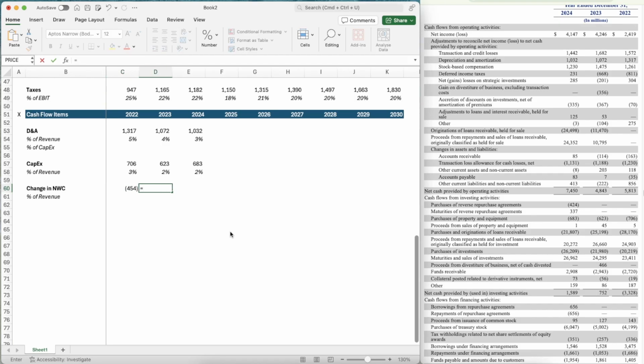Change in net working capital. Where are we? Yeah. Equals again sum, minus 114, minus 118, 203, 7, minus 222. For sum, 85, minus 1131, 8, 3, 4, 3.